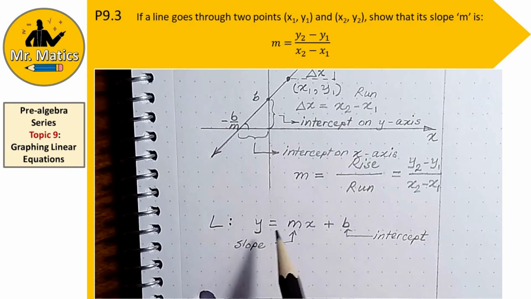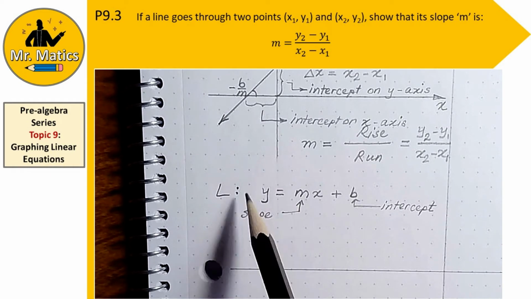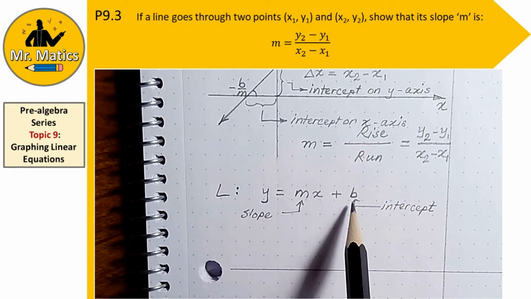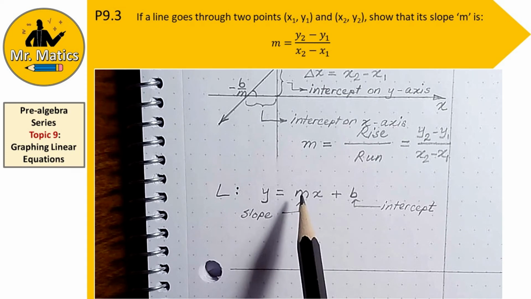You can easily see that if y is set to 0, you take the b on this side, and this will be minus b, and then divide both sides by m. You get x equals minus b over m.